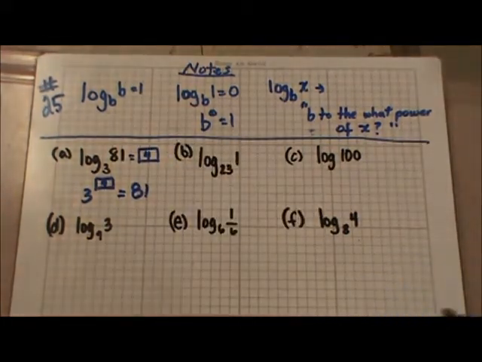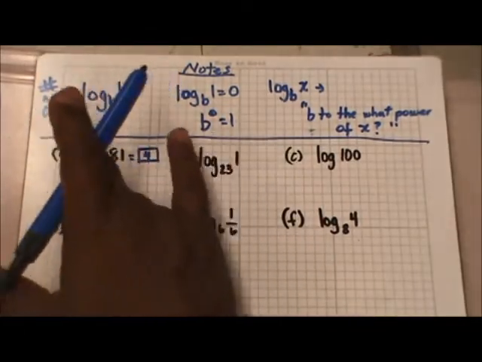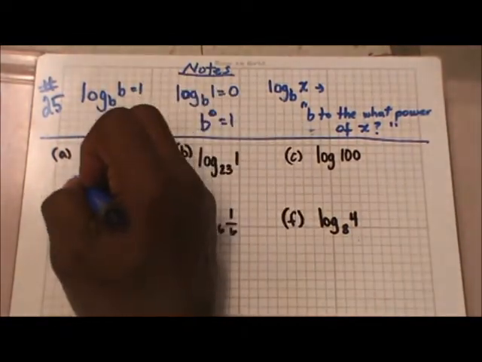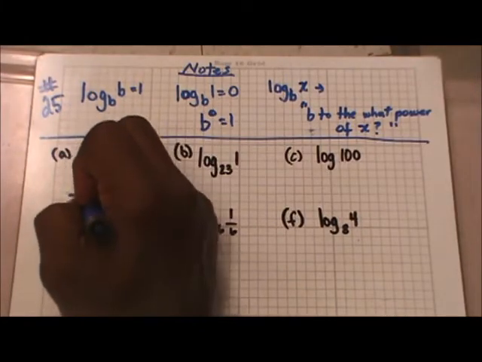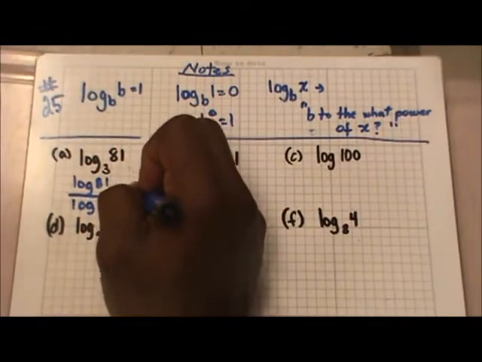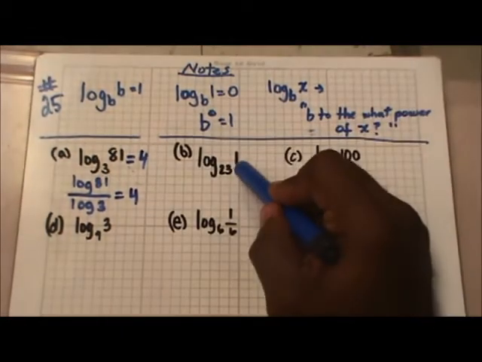Another way to do it, since you have a calculator, is to change this to a change of base problem. Some students didn't learn about change of base, but if you do change the base, it will also give you 4. So either way, the answer is 4. For this one, this is one of our rules.